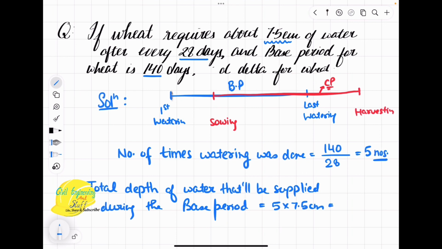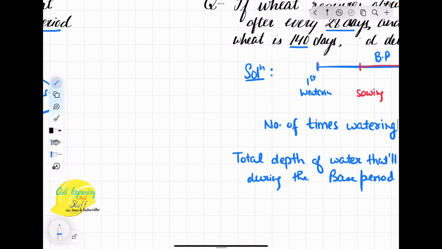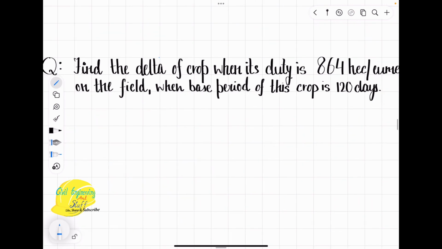The answer will be 37.5 centimeter. This will be your answer. Got it? All right, I hope the question is clear to you. Okay, moving to the next question.